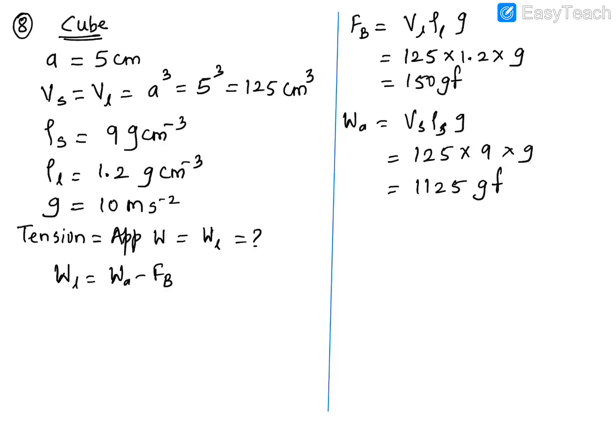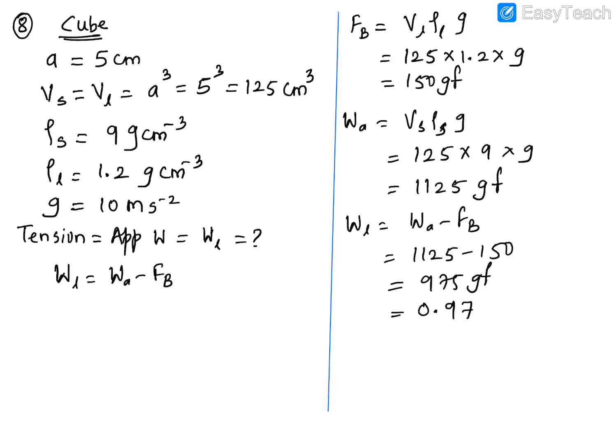Now, how will you find out the apparent weight? Apparent weight is equal to weight in air minus the upthrust. So that's 1125 minus 150, which is equal to 975 GF. Now, 975 GF means 0.975 kilogram force, which can be written as 0.975 into gravity.